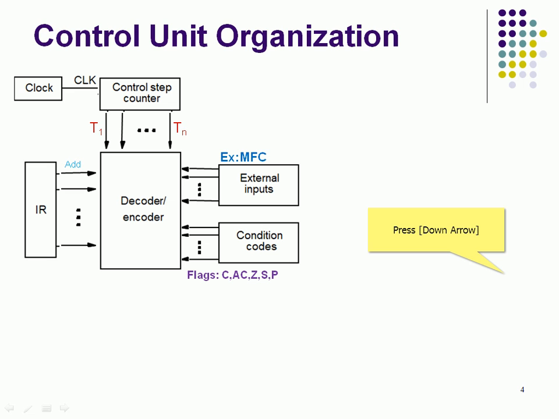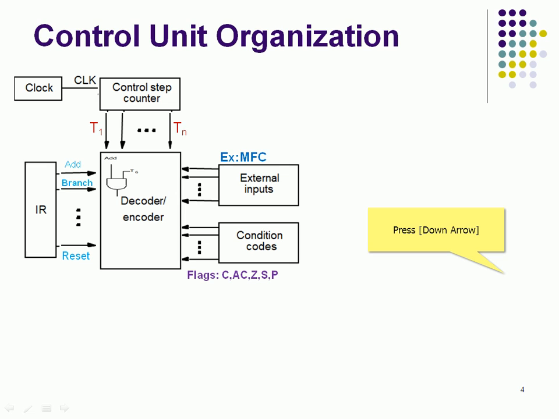Different types of instructions, which may be arithmetic or logic, are coming from this IR, and after decoding, they come to this circuit, right? I hope it is clear in this respect.